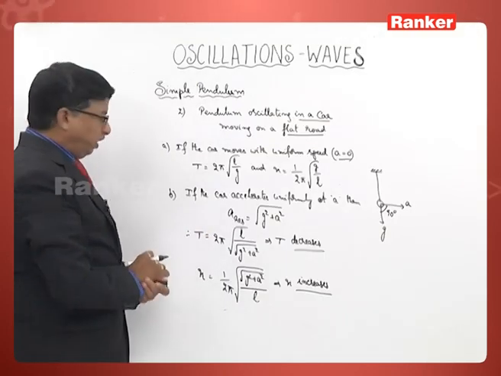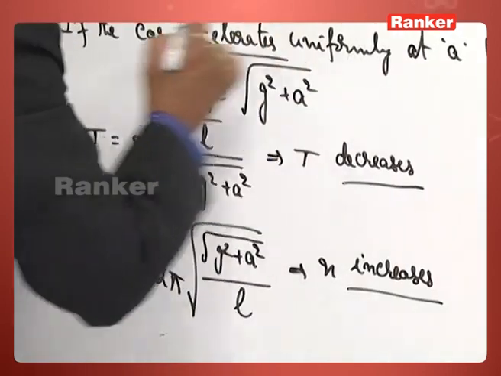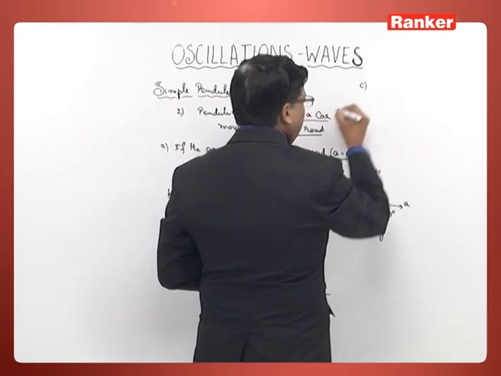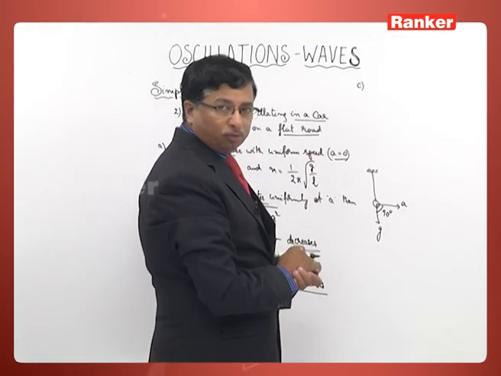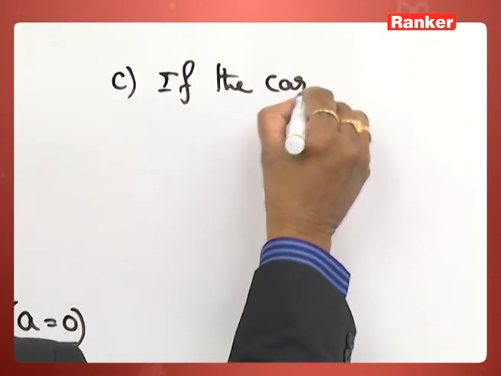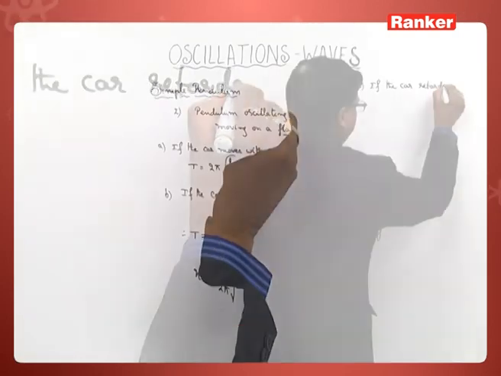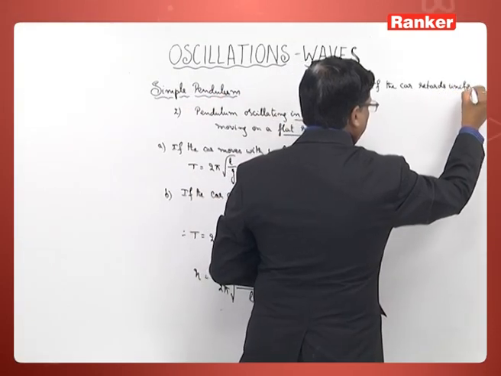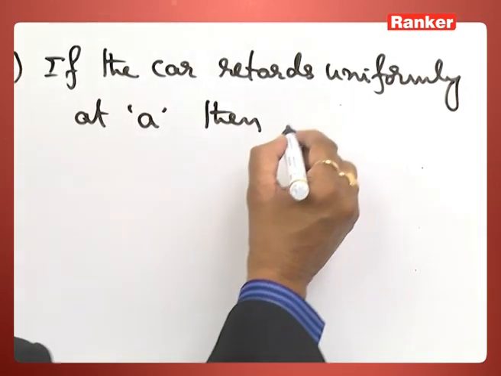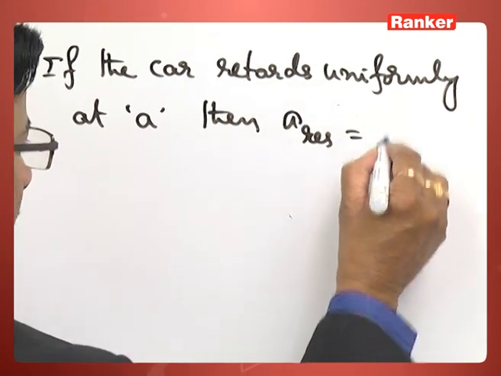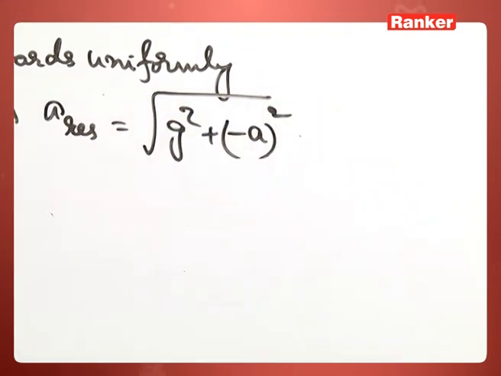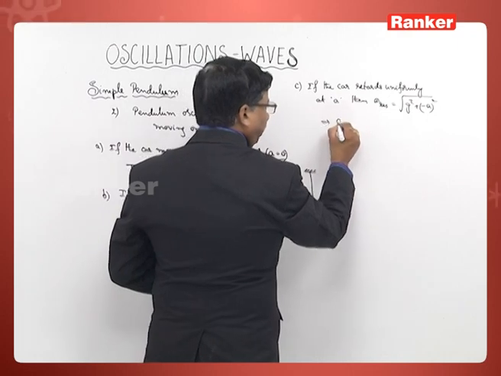But one thing one should understand: I have given the accelerating case. There is a possibility for this particular car to retard uniformly also. That means, if the car retards uniformly at a, then also the resultant acceleration of that particular bob becomes root over g square plus minus a whole square. How much will this value be?